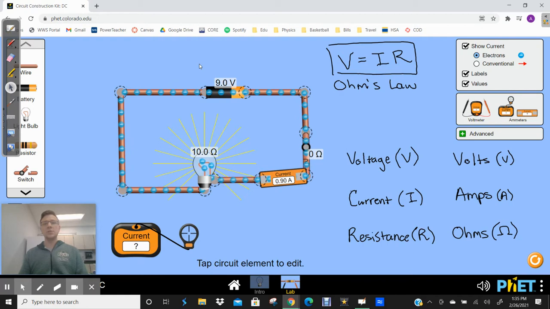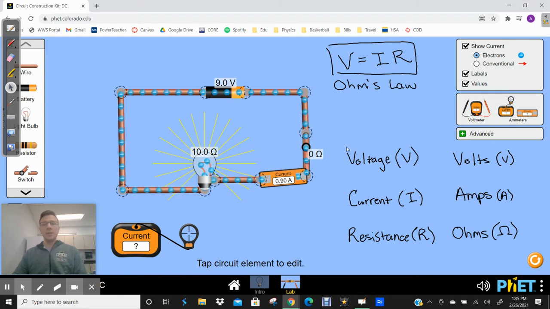Current is the flow of electrons, so you can actually see them right here. These are electrons that are already found in all objects and in this wire, and when the electrons are moving, that is called current. The reason they move is because of voltage. Voltage is the equivalent of water pressure.